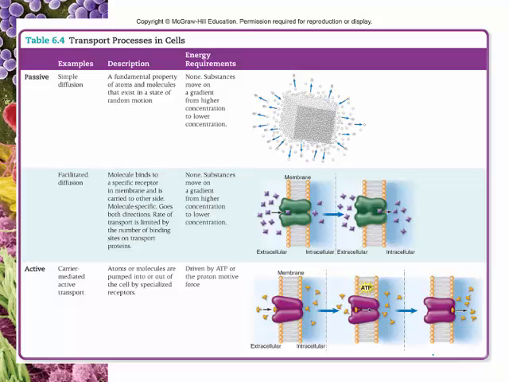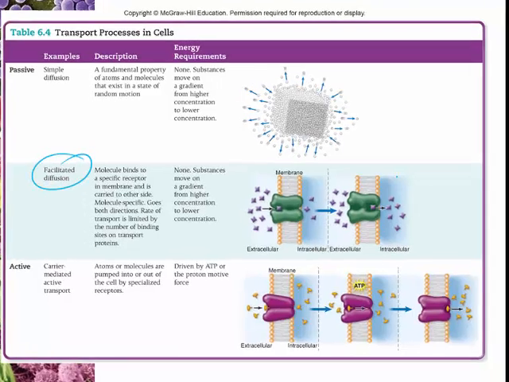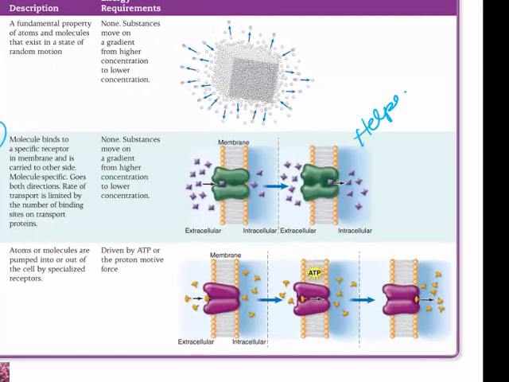We do sometimes see facilitated diffusion. Now, this is still passive diffusion. There is no energy requirement. We're moving from high to low. The difference is that facilitated diffusion is moving molecules that won't pass easily across the membrane. So in facilitated diffusion, we need help. That's what it means to facilitate something. So this is helped diffusion.